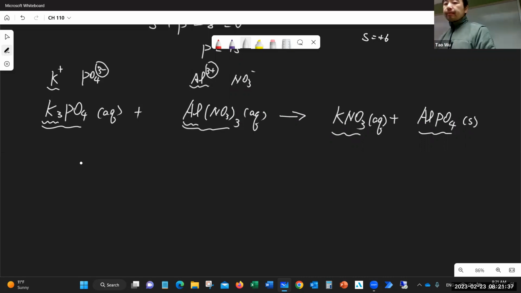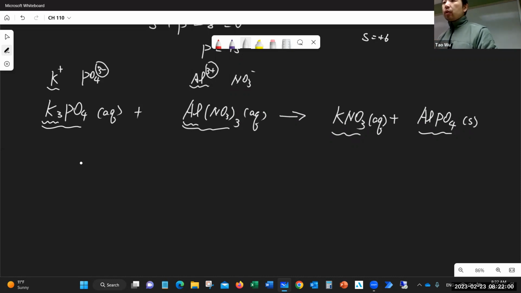And then the question doesn't just want us to write this, it wants us to write the net ionic equation, which means we need to rewrite those as a complete ionic equation and then determine the net ionic equation, right? We first write the complete ionic equation.